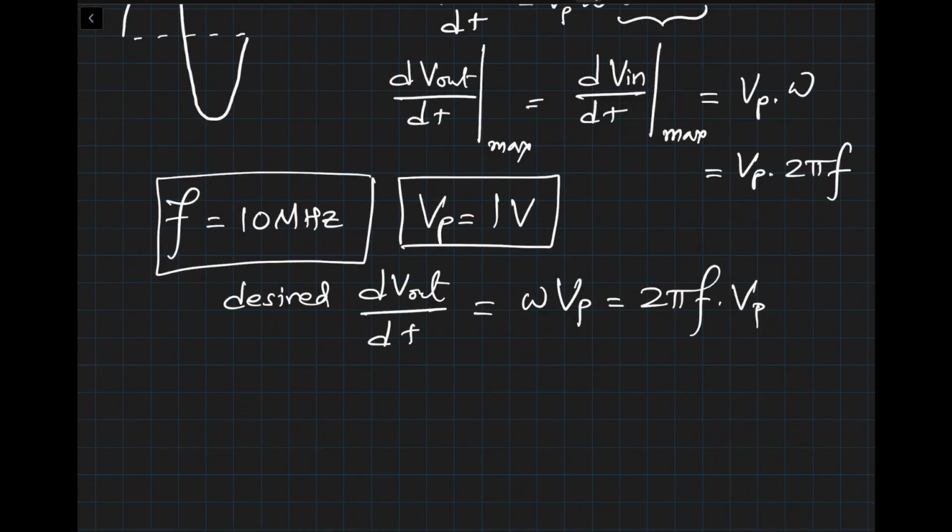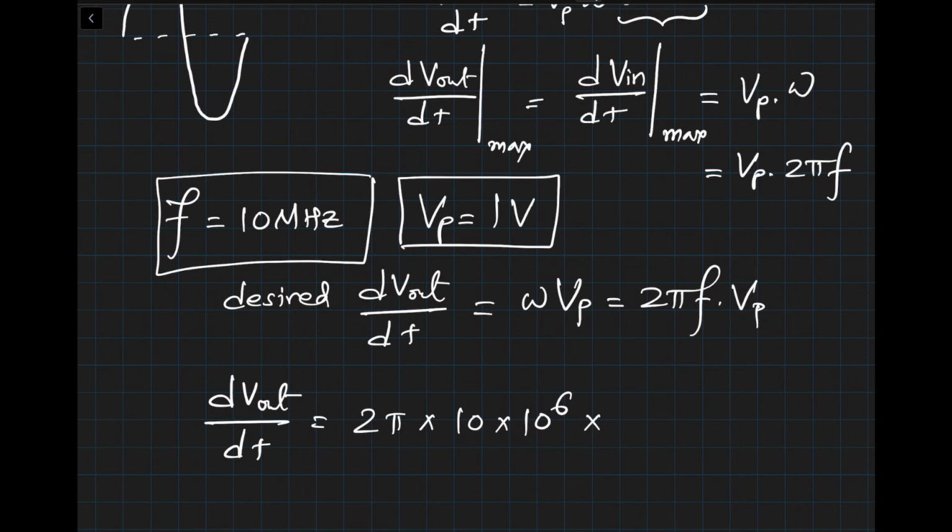So let's substitute the values. dV out by dt will be equal to 2 pi times the frequency of 10 megahertz, which is 10 to the power 6 multiplied by 1 volt. And that comes out to be 20 pi volts per microsecond.